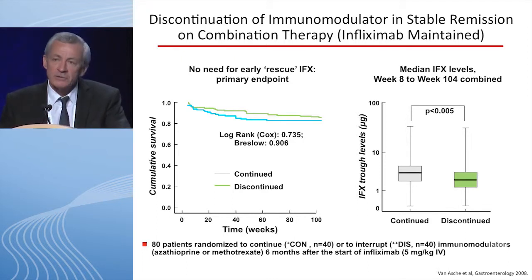This is a result of the SPARE trial from Leuven, where they took patients on combo therapy and they stopped the azathioprine. This was a superiority trial, and actually it was a failure because there was no superiority of continuing the combo therapy as compared to infliximab monotherapy.